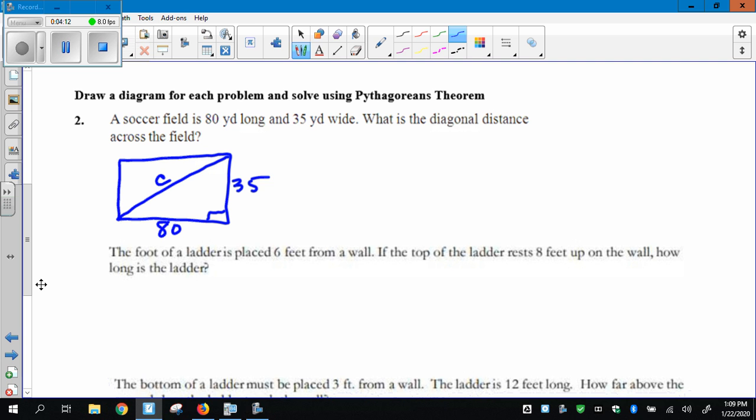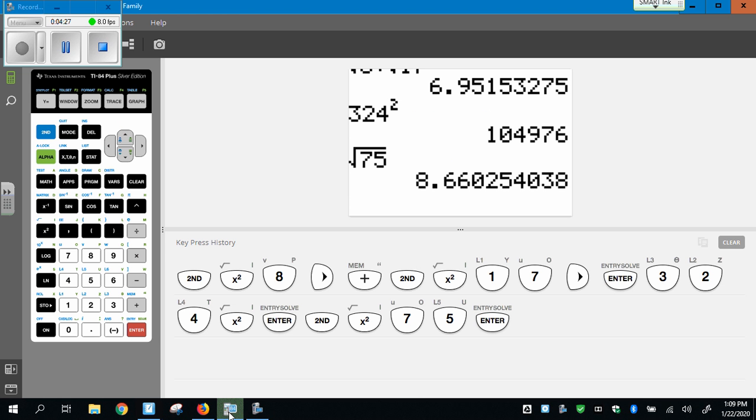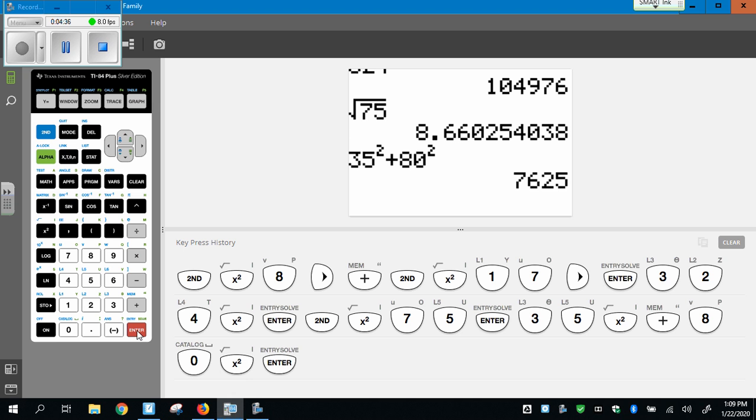So I'm going to do a squared. 35 I'm going to treat as my a, and 80 will be my b, and that will equal c squared. So I've got to do some math here. I'm going to use my calculator to help me. 35 squared plus 80 squared equals 7,625.